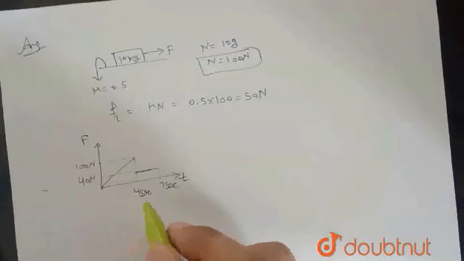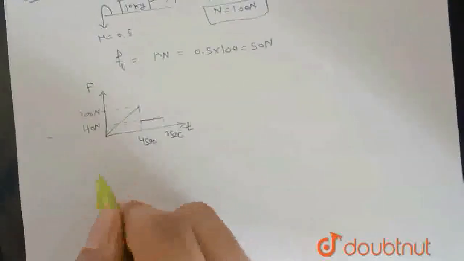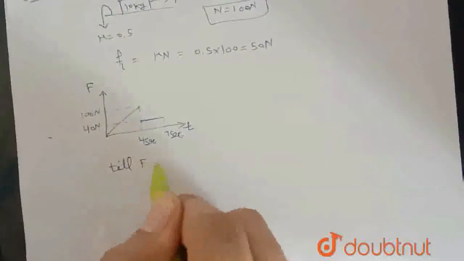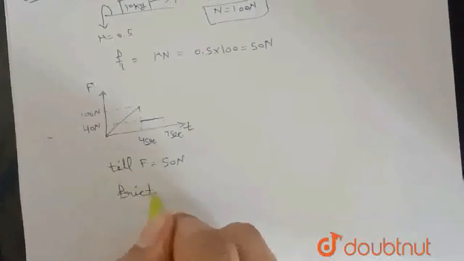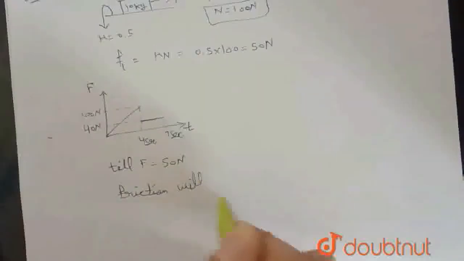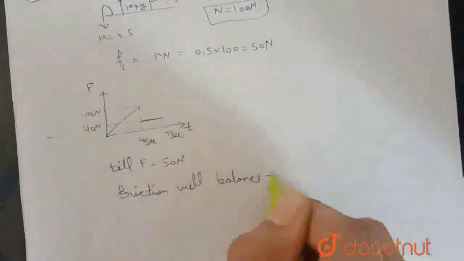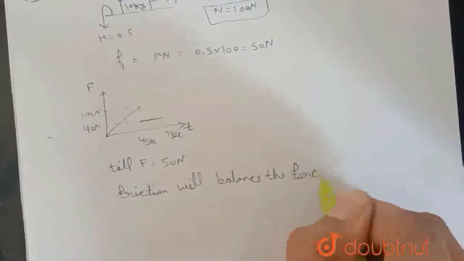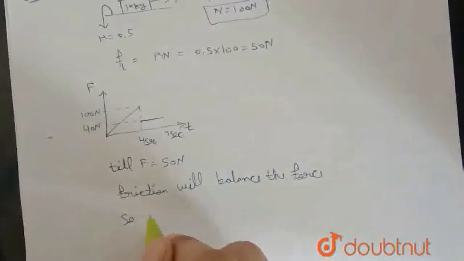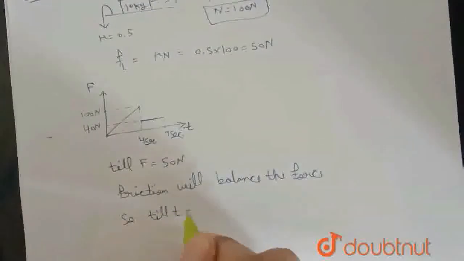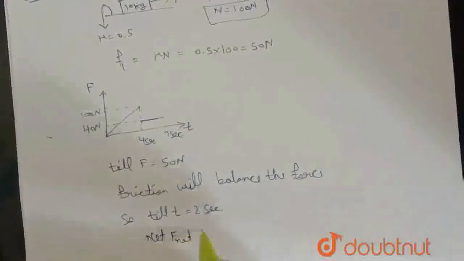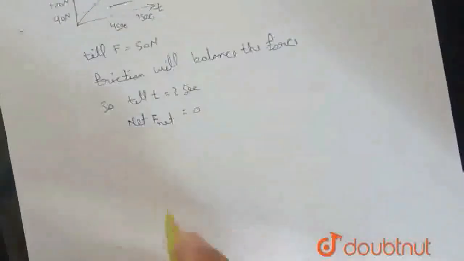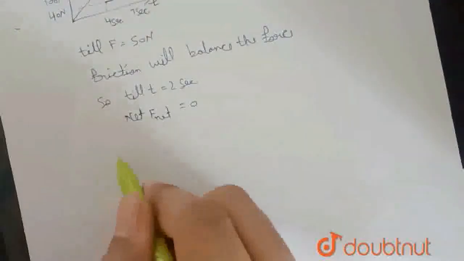Now, till F equal to 50 Newton, friction will balance the force. So till t equal to 2 seconds, there will be no motion and net force will be 0. So we will make a graph including friction.